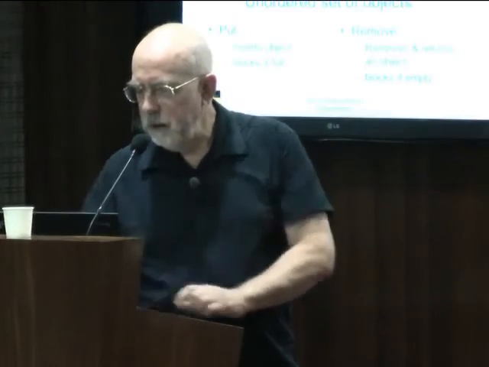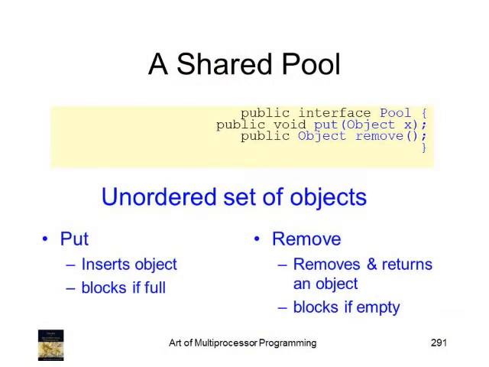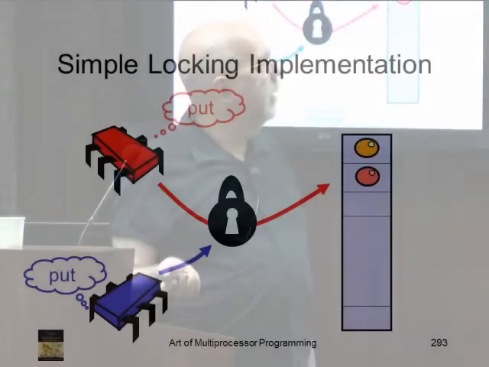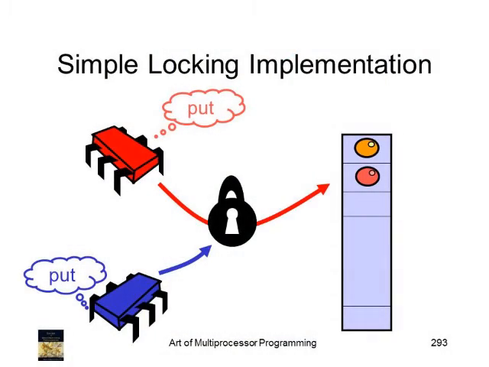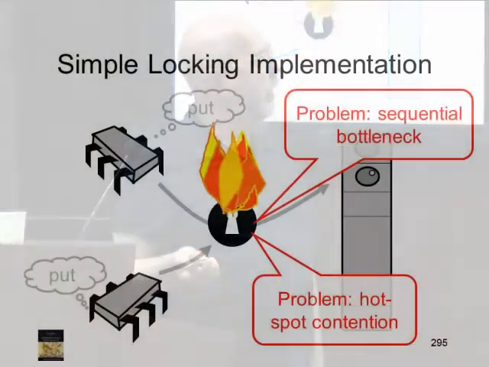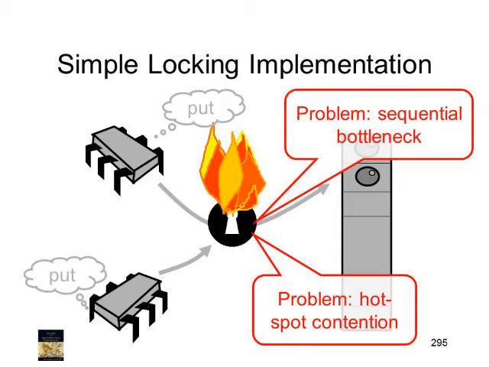I'm going to be very quick here. But imagine that I want to implement a container, like a stack or a queue, except that I don't really care much about the order in which things are added and removed. I could put a lock on the whole thing, but that lock becomes a hotspot.